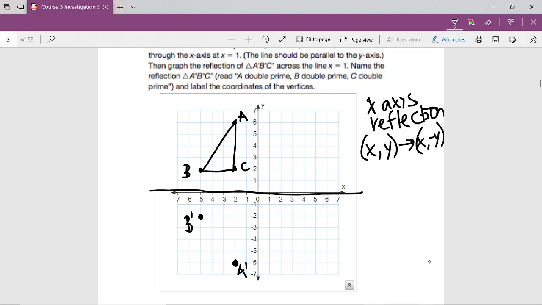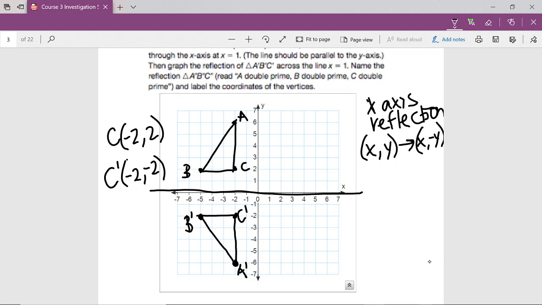All of my y coordinates for my x-axis reflection become negative. So if I were to take this C value of (-2, 2), it would become C prime at the same x value, so -2, but now my y value becomes negative, at -2. And so I get this point right here, which is exactly where we wanted it to be. So we can use our rule as well for this reflection.